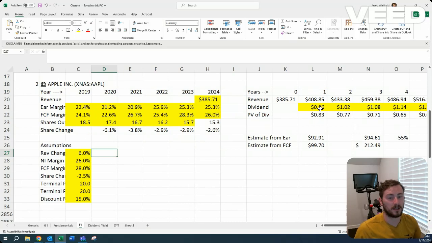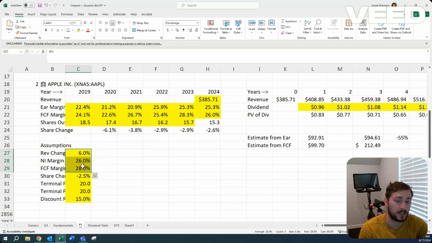But that's again because I'm assuming that with the five things you can do with free cash flow, you can make acquisitions, reinvest back into yourselves, pay a dividend, buy back shares, and pay down debt. And so I'm including acquisitions and reinvestments in my revenue change and net income margin assumptions.